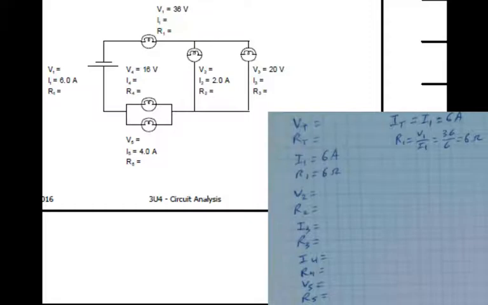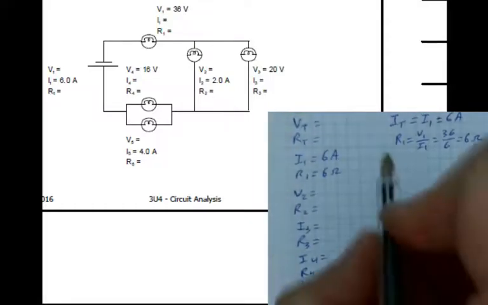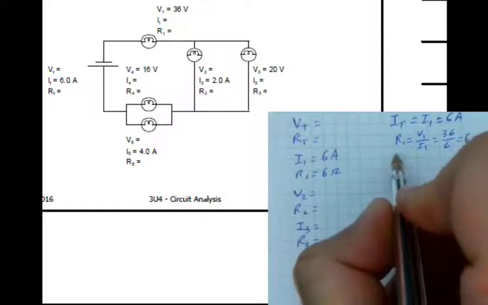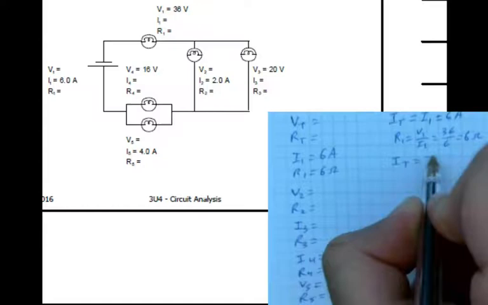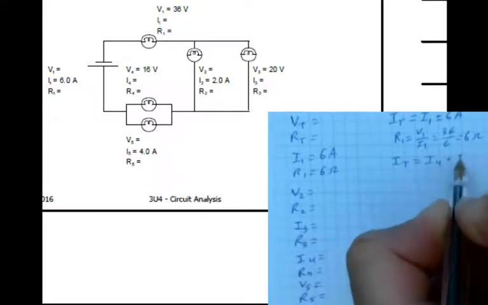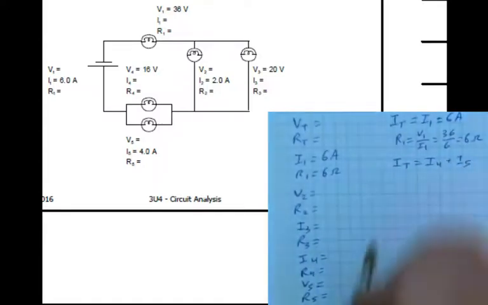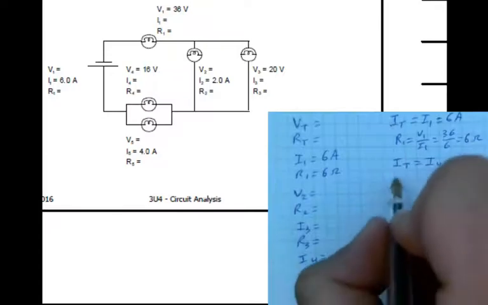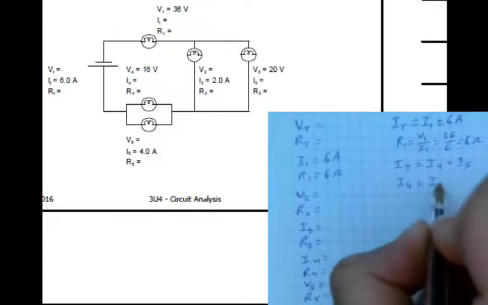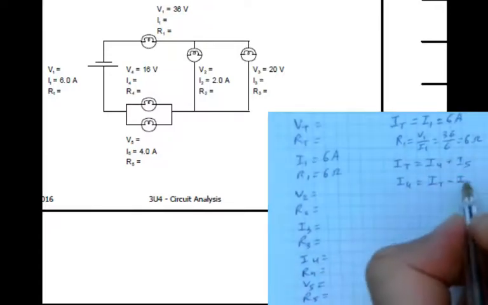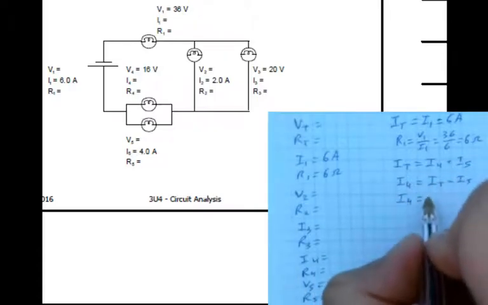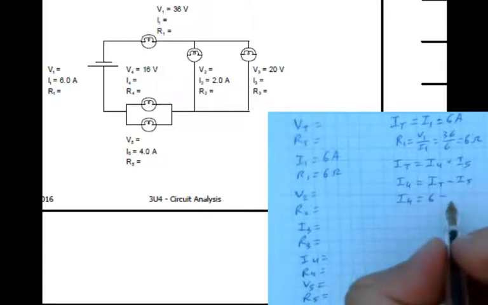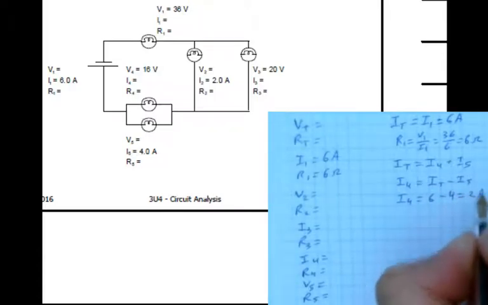The current going through the junction where we split to 4 and 5 is equal to I total or I1. So I4 plus I5, their sum has to be the same, and I know I5, so I4 must be IT minus I5. I4 equals 6 minus 4 equals 2 amps.